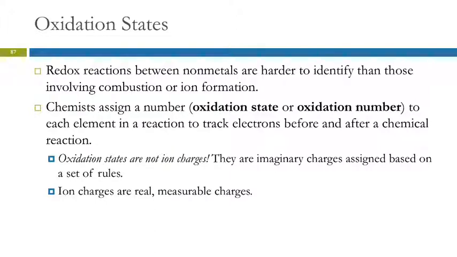And what's confusing about that is often the oxidation state is the same as the charge on an ion, but you can have an oxidation state that's not zero and not have a charge. So they often overlap with each other, but oxidation states are not ion charges. They are imaginary charges assigned by a set of rules, whereas ion charges are real and measurable. Oxidation states are not, they're imaginary.